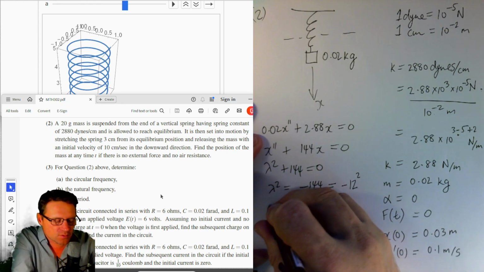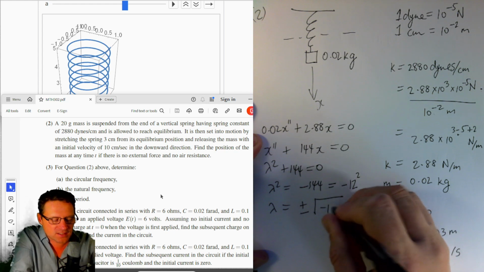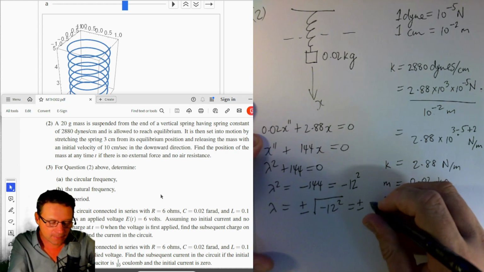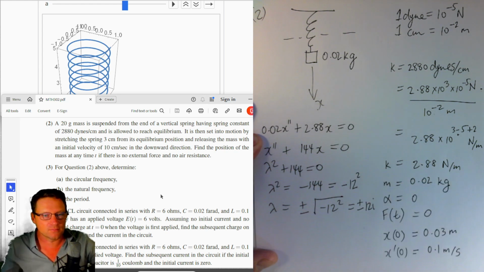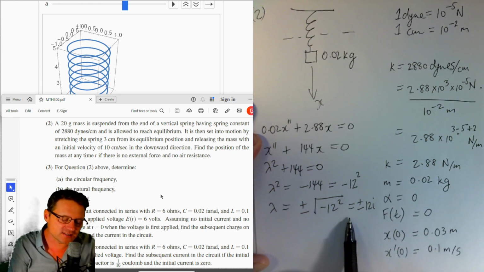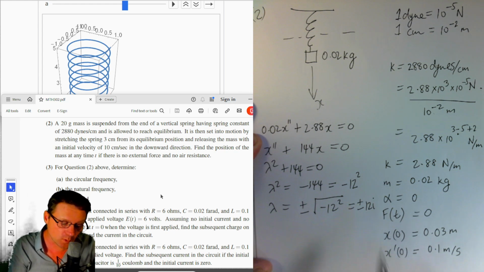So taking square roots now, we've got lambda equals plus or minus the square root of minus 12 squared, which is plus or minus 12i, where i is the square root of minus 1. Now this has 0 real part, and the absolute value of the imaginary part is 12.